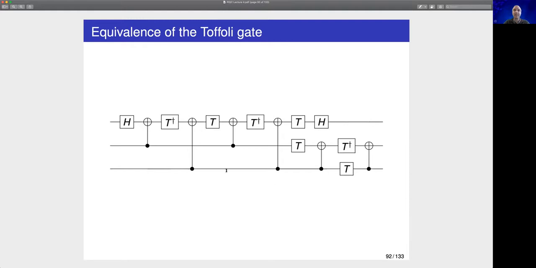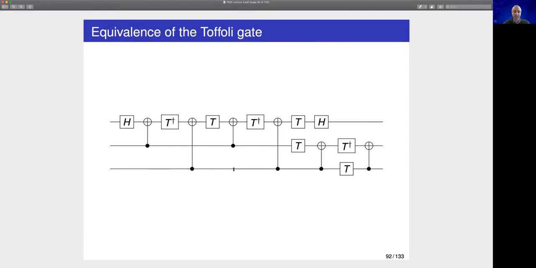You can check that this decomposition gives you exactly the Toffoli gate, and it only uses 1-qubit gates, the Hadamard gate, the T gate and its inverse, and C0 gates, 2-qubit gates. This decomposition is optimal in the sense that you cannot do this with fewer than 6 C0s.